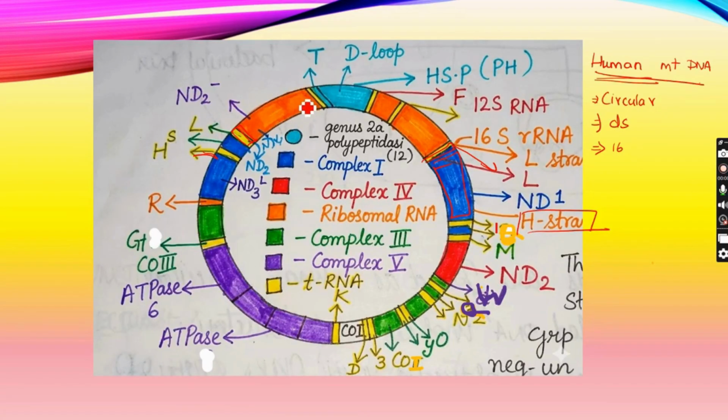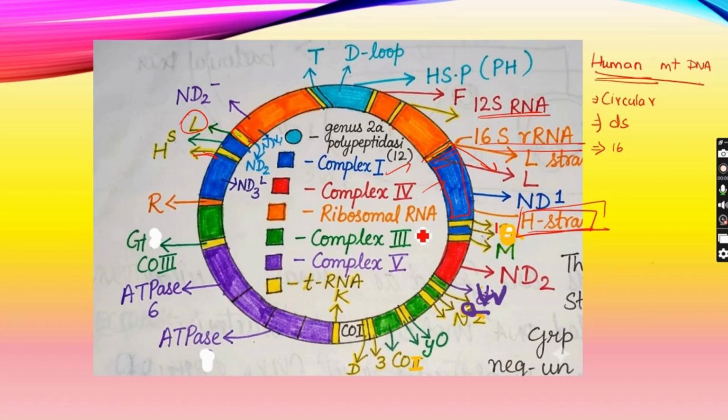Here we can see this is the double stranded mitochondrial DNA. Here we can see the L strand and the H strand. Here we mentioned that 12S rRNA and 16S rRNA are synthesized from these genes.